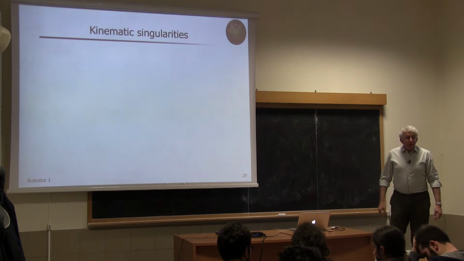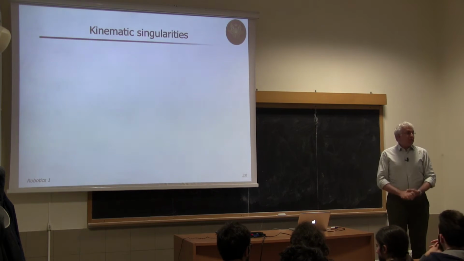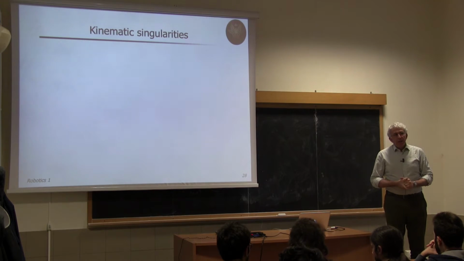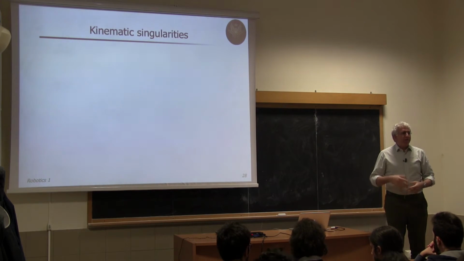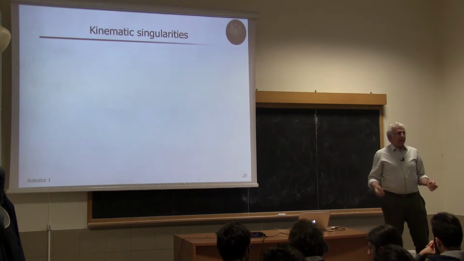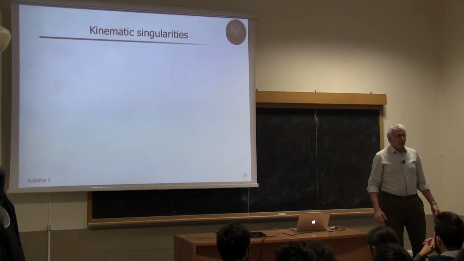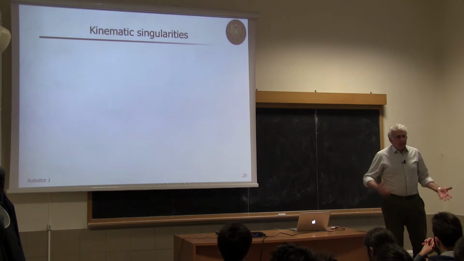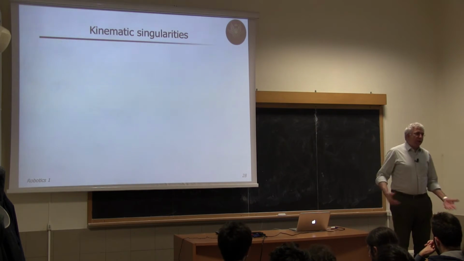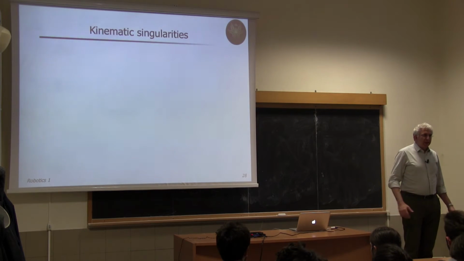Last time we have seen through some numerical examples the computation of some linear algebra subspaces associated to the Jacobian of a manipulator. Could be the geometric or the analytic Jacobian, it doesn't matter.